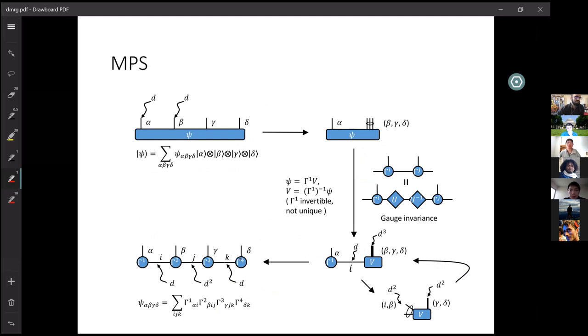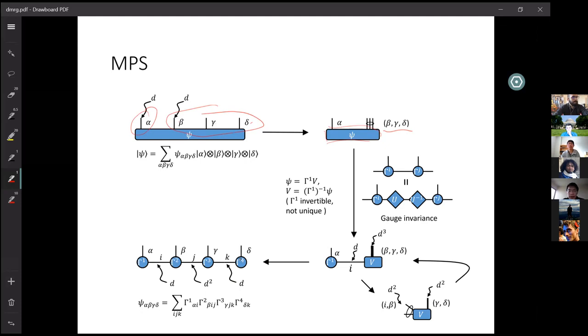It is done in the following way. We can single out one index and combine all the three indices on the right, so we see the three indices as one big index. Then this psi tensor becomes a matrix, because it's a tensor with two indices now.